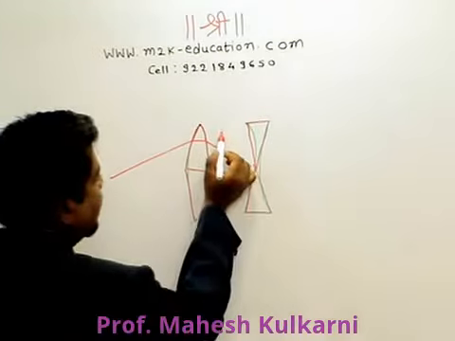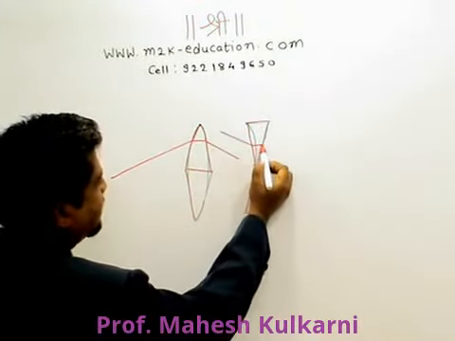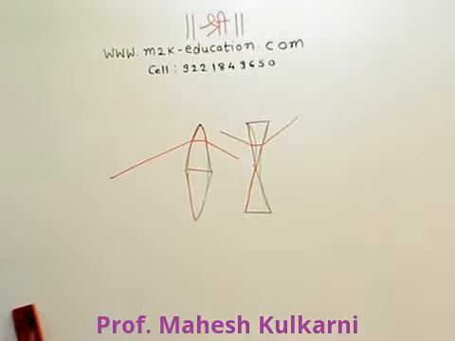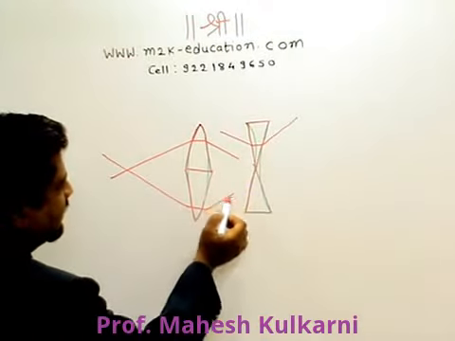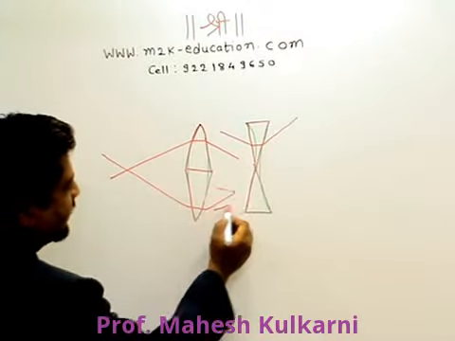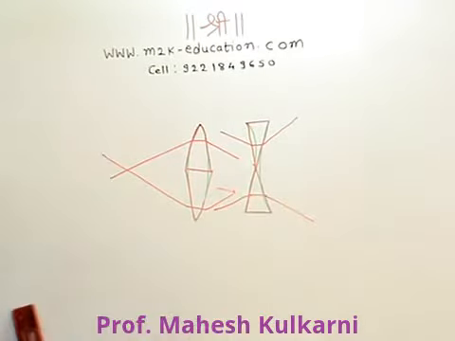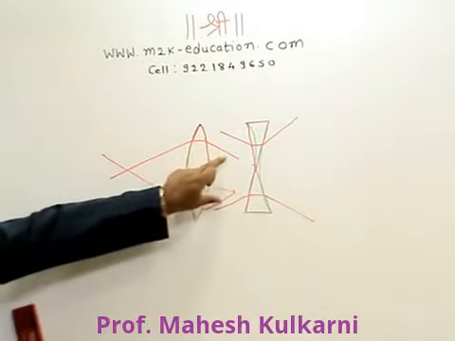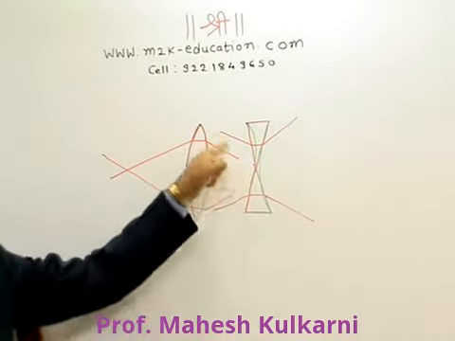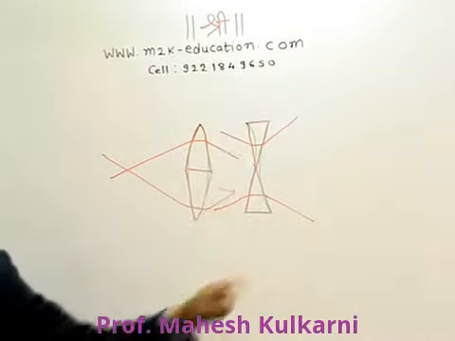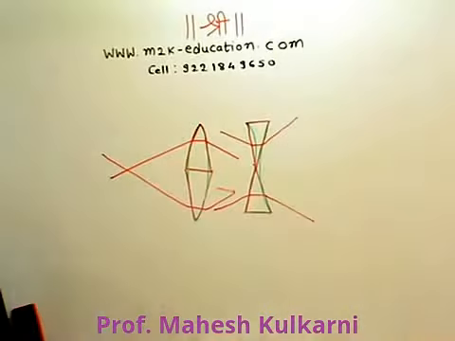Whereas here, if radiation is coming in this direction, the prism will pass it out in this direction. So you are getting the same result in this case. Here, on passing through the lens, radiations are going to unite, whereas here, on passing through this, radiations are going away from each other.